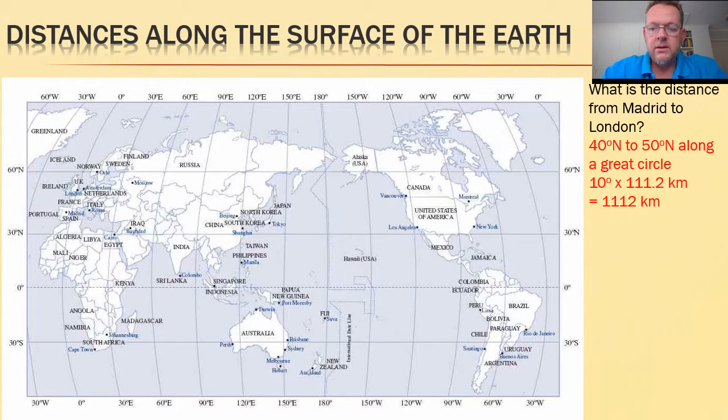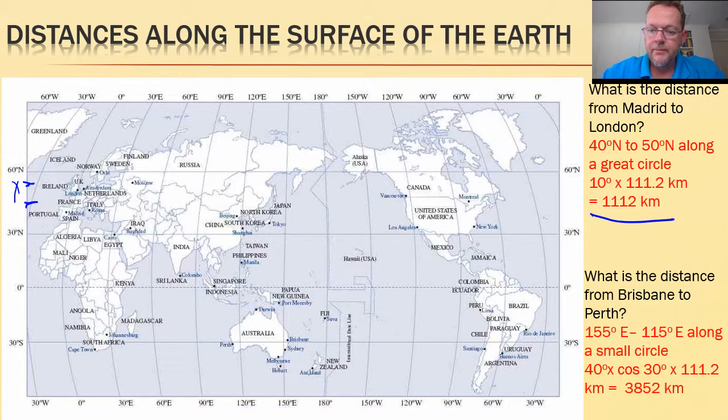We've looked at distances along the surface of the Earth. So, for example, I'm traveling 40 degrees north to 50 degrees north. I've traveled about 10 degrees along a great circle. And so that's just 10 degrees times 111.2 to be 1,112 kilometers. If I wanted to calculate somewhere like the distance from Brisbane to Perth, I would think, here's Brisbane, here's Perth.